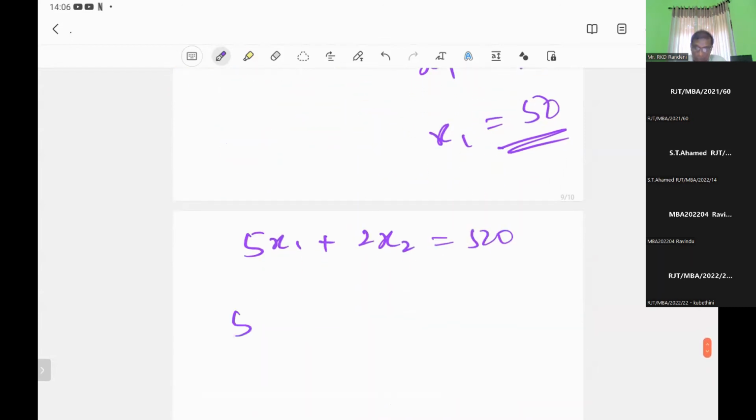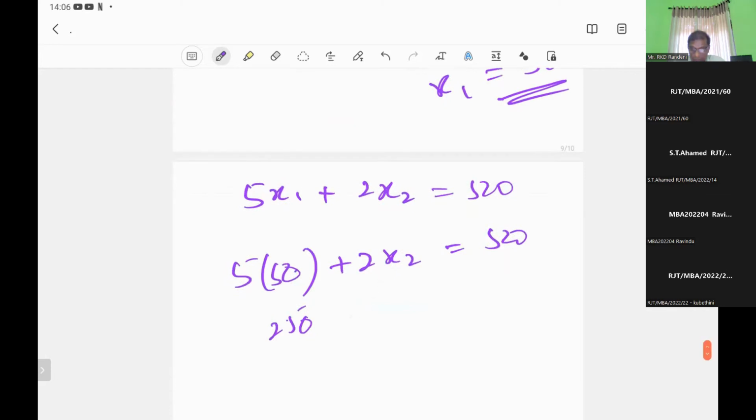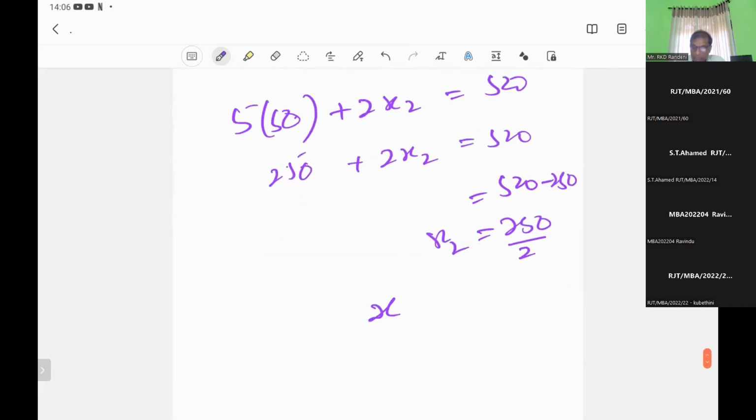So you can substitute 50 here: 5 times 50 is 250, plus 2x2 equals 500. Then 500 minus 250 is 250, divided by 2, that is x2. x2 equals 125.